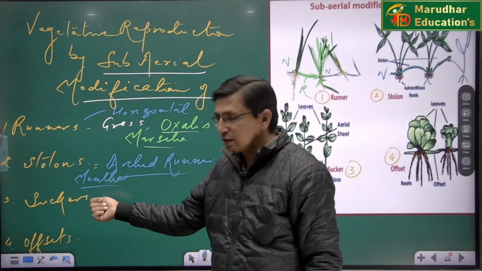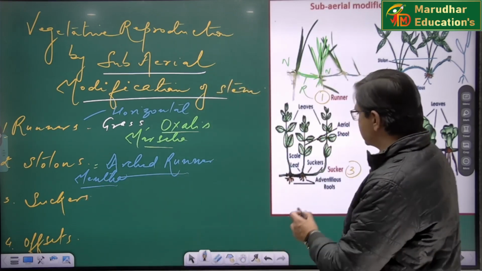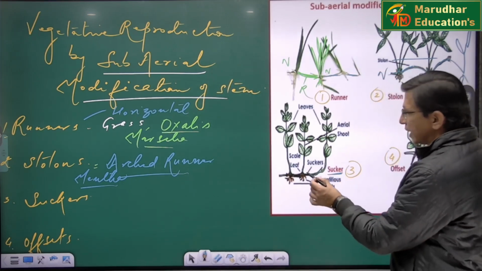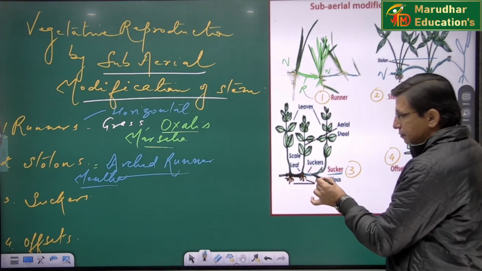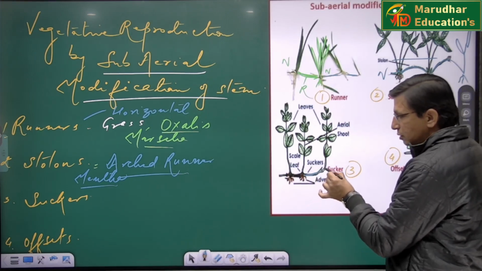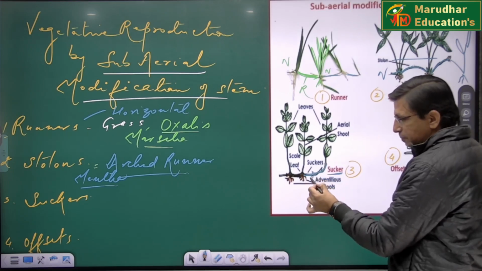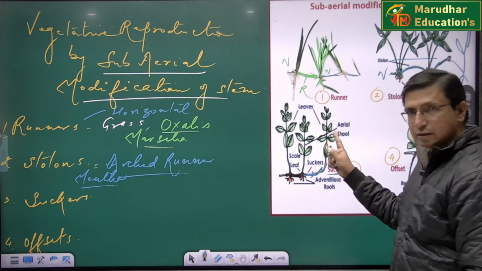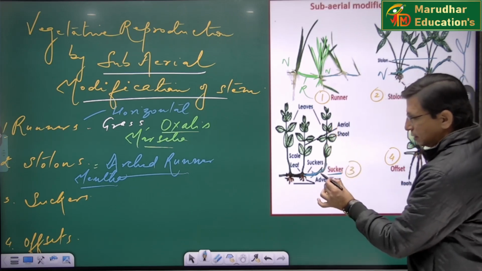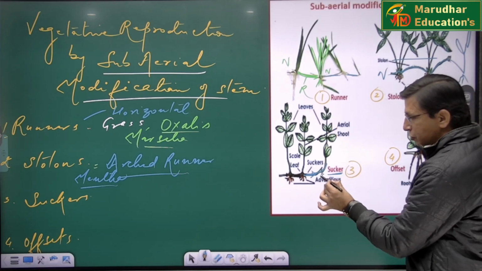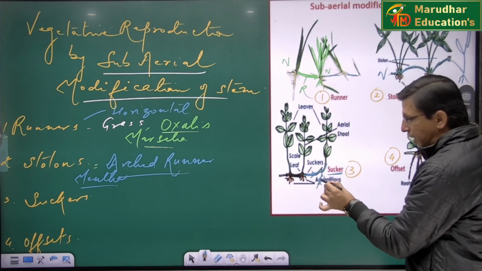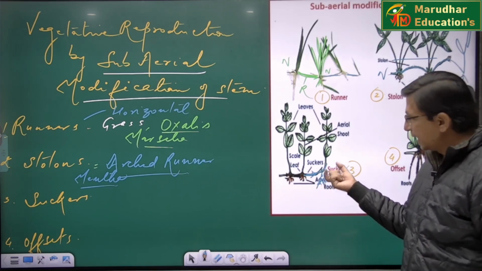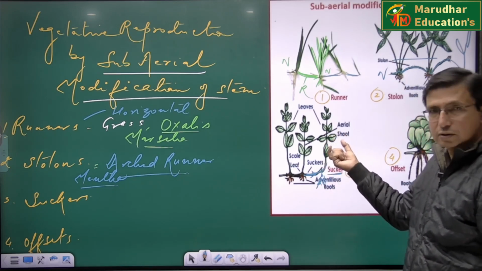Now, what about suckers? Number 3 is suckers. See, these are suckers. Suckers arise from an underground stem and they move. First they proceed horizontally and later they move upward. On the lower portion of this upward growing branch, there is formation of adventitious roots, and above the ground there is formation of an aerial shoot.